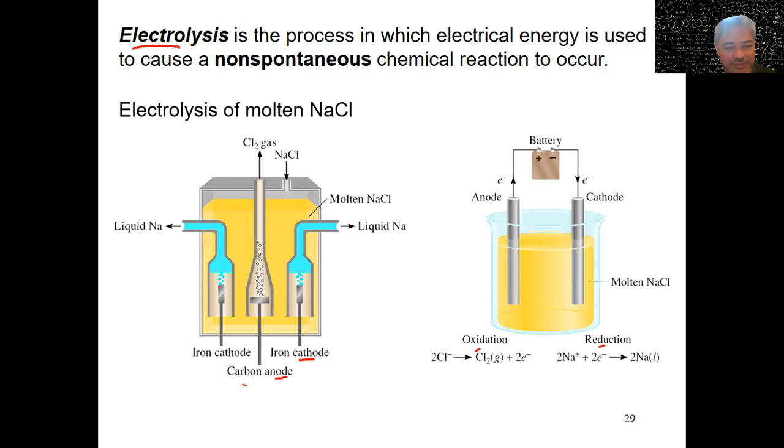So whether you have a voltaic cell or electrolytic cell, the reduction always takes place in the cathode while the oxidation always takes place in the anode. Ang pagkakaiba lang yung dalawa, yung isa, you use energy, yung isa produce energy. So you need a source of energy, which in this case is a battery.